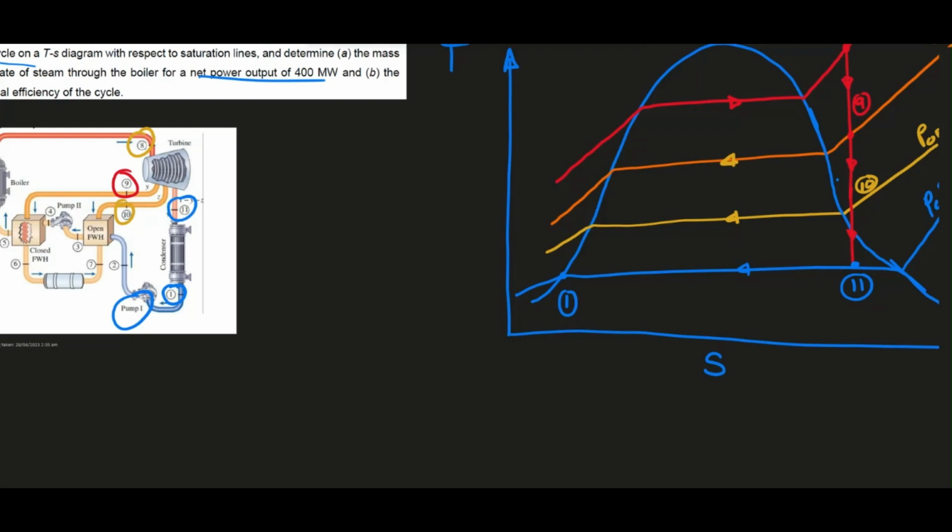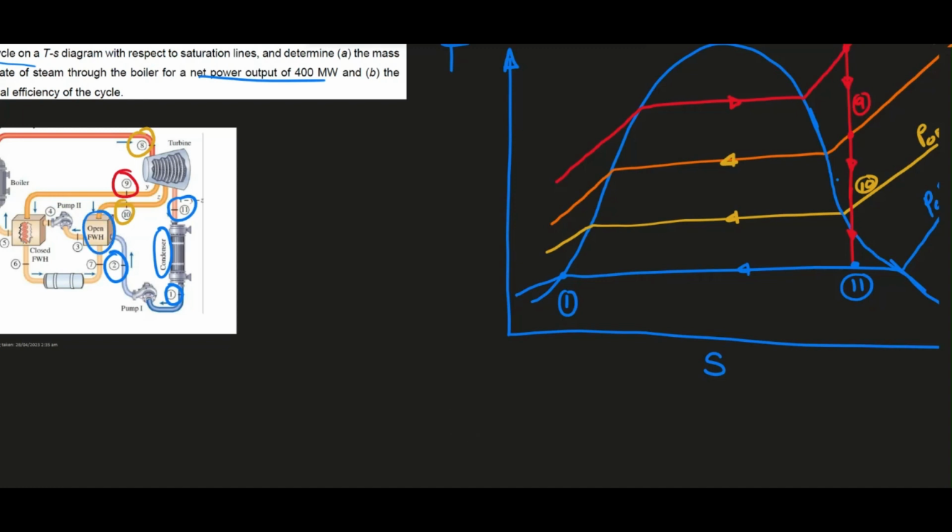So that's why it has to be saturated liquid. So looking at this pump, pumping from state 1 to state 2. The pressure is increased from the condenser pressure to the open feed water pressure.